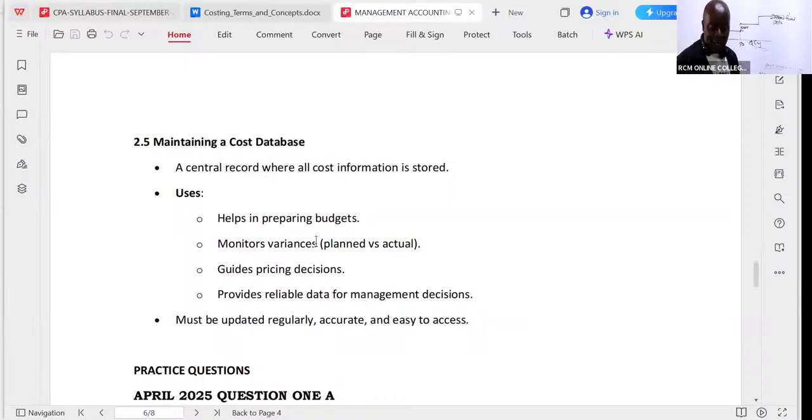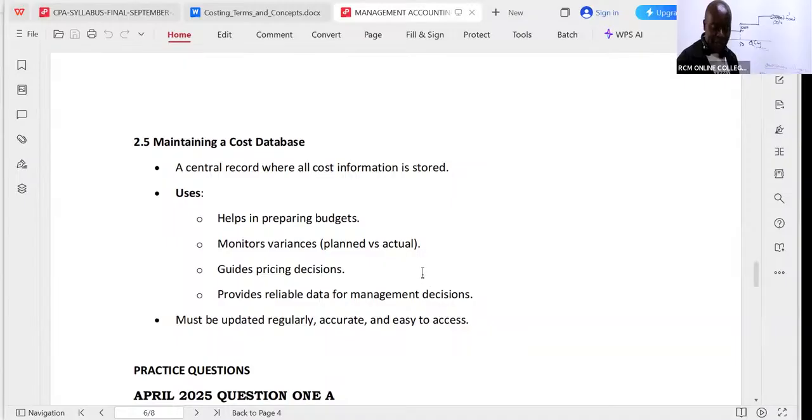It helps us in pricing decisions. It provides reliable data for management decisions and control. This cost database must be updated regularly and accurately, and should be very easy to access by those who have authority to access, not by everybody.